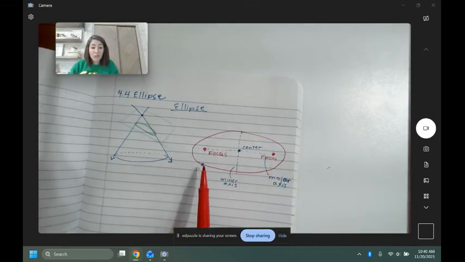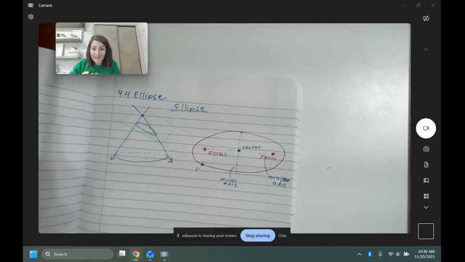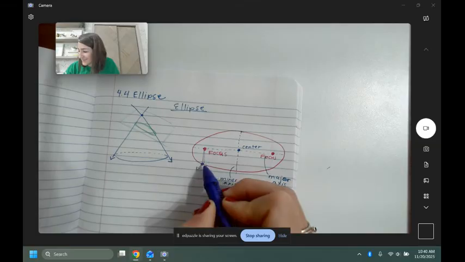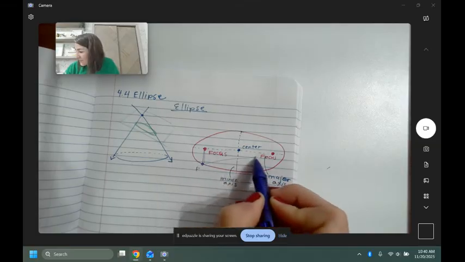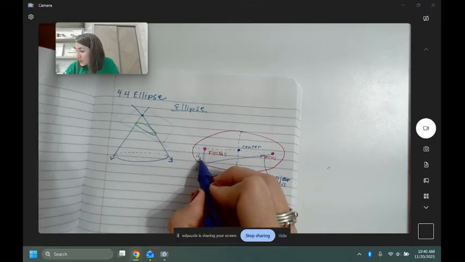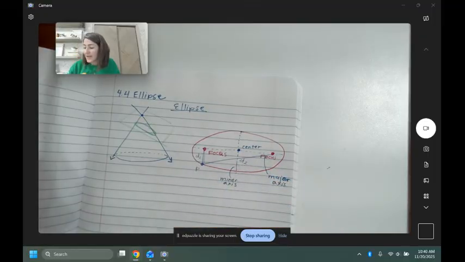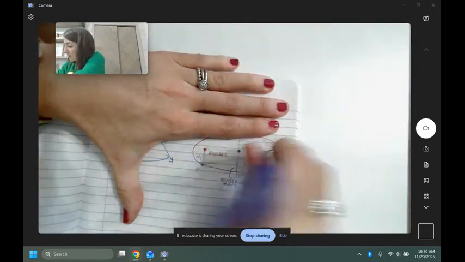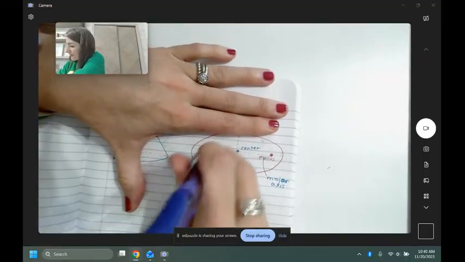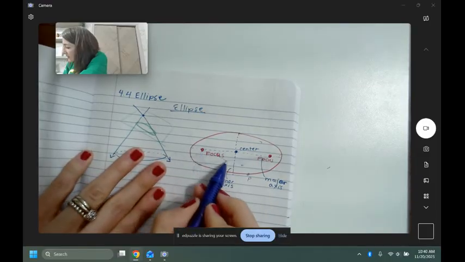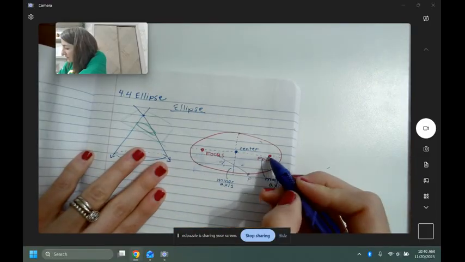If I connect point P to both foci, I'm going to get two distances, D1 and D2. No matter how I move this point P, like if I were to move it this way, this will be D1 now, and this will be D2.